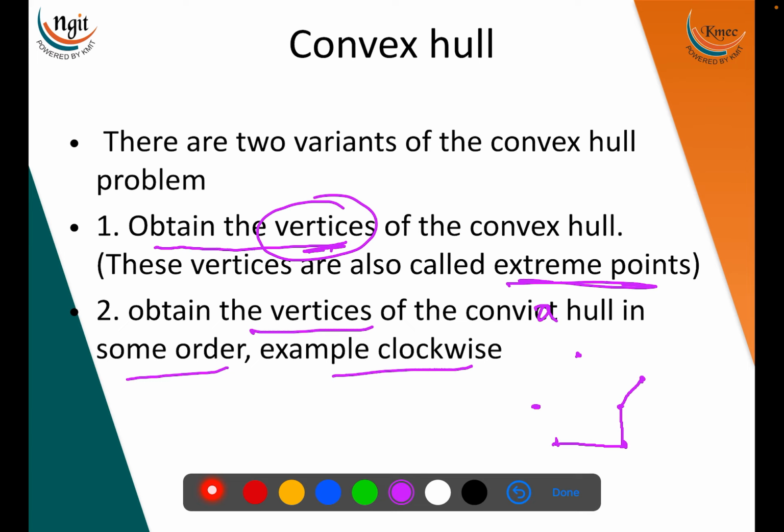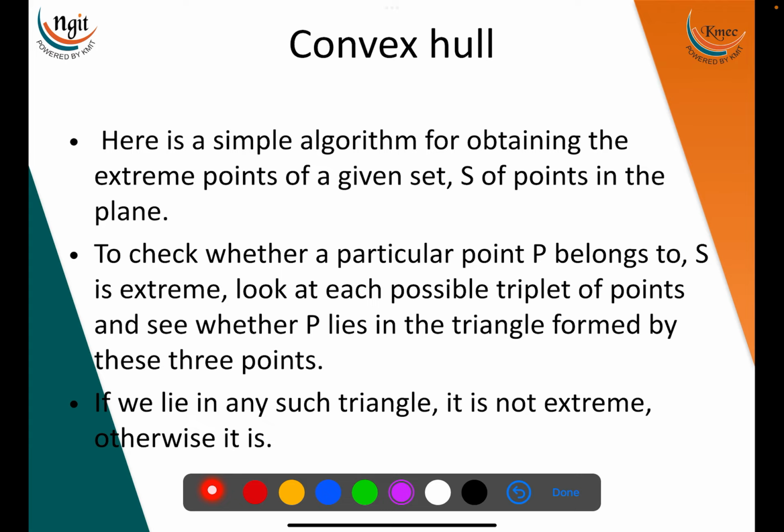In the same way, if I want to join this line to this line, again I have to turn, right? So I have to calculate the angle from this point to this point. So we will be implementing the algorithm. Based upon the algorithm, we'll follow the order, whether clockwise or anti-clockwise.